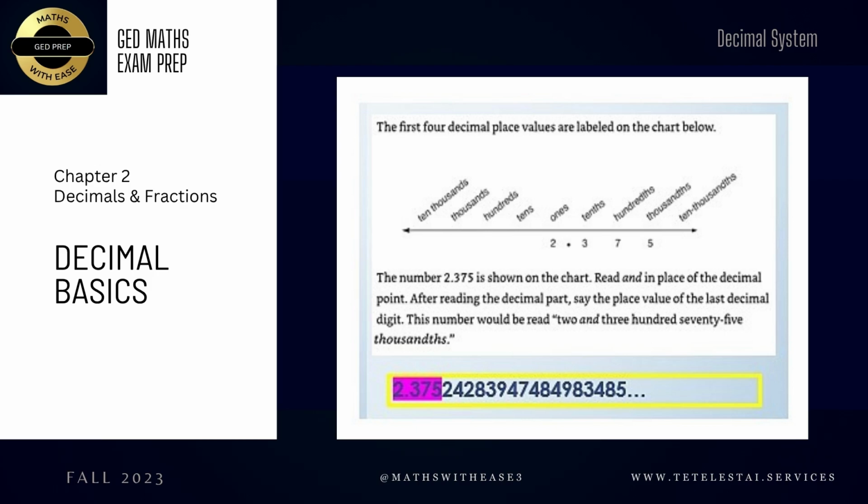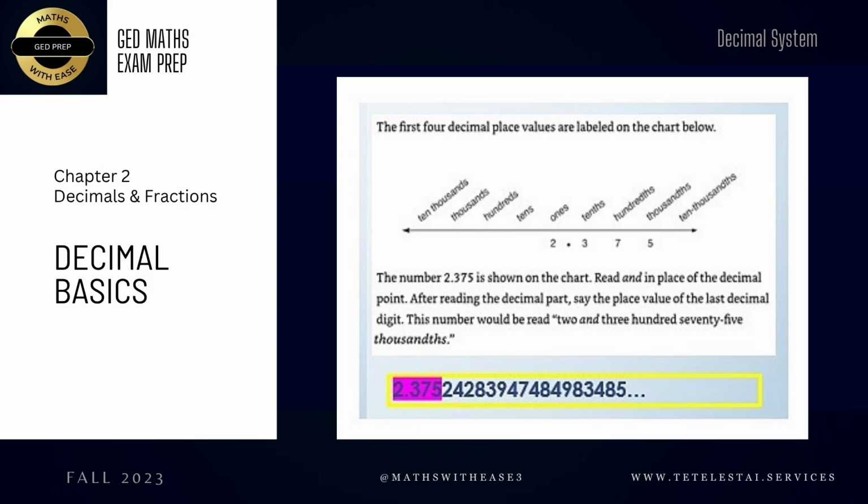So let's say that you decide to buy another pie, and by some incredible feat, you're able to slice that pie 1,000 different ways. And then 375 people took a tiny slice of your pie, then you would say that 375 thousandths of your pie is gone.